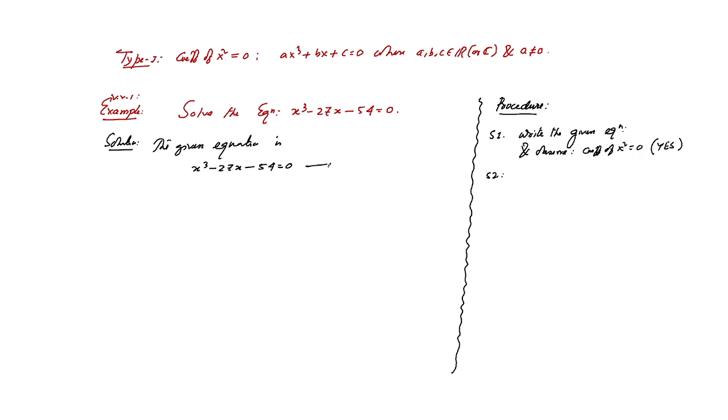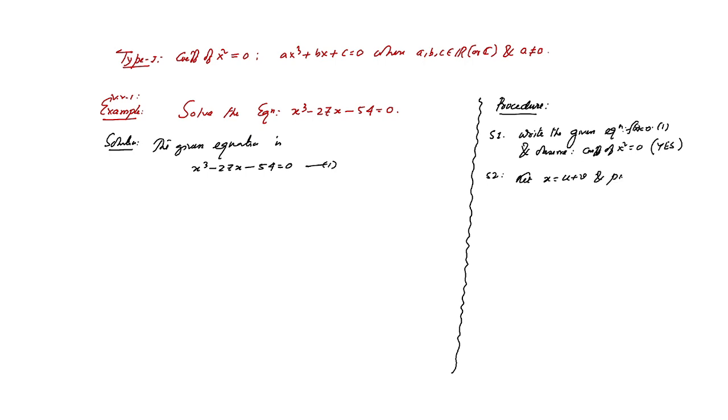Now we write it as equation 1, and we consider f(x) equals 0, equation 1. Now step 2: we use the substitution x equals u plus v and put it in equation 1.